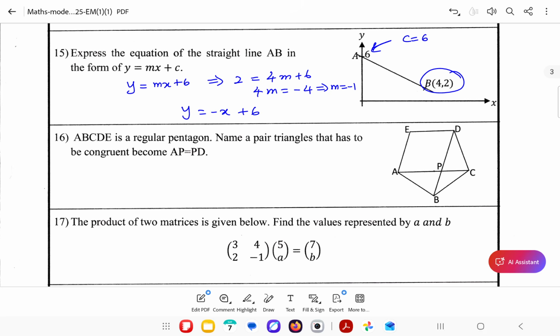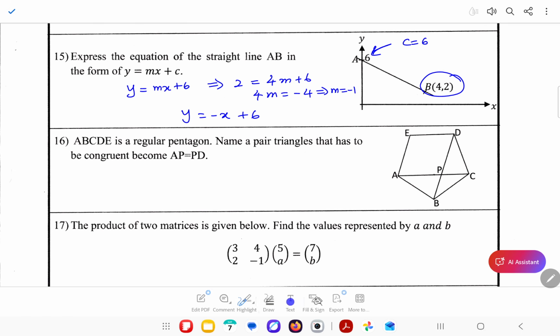Then what is the next one? ABCD is a regular pentagon. Name a pair of triangles that has to be congruent to make AP equals PD. So which two triangles have to be congruent to make AP equals PD?